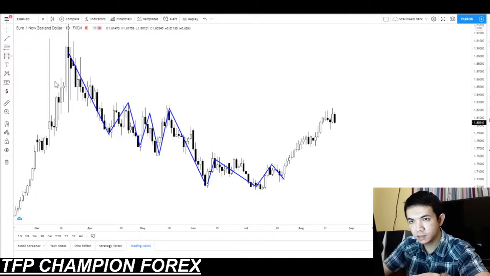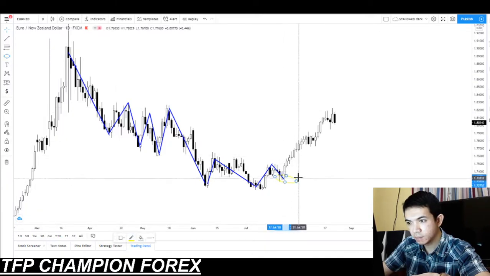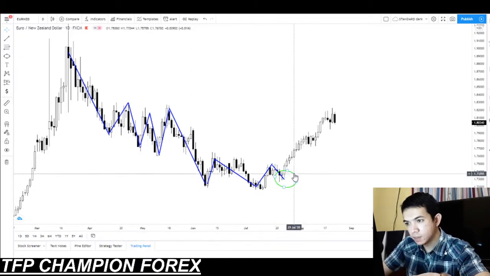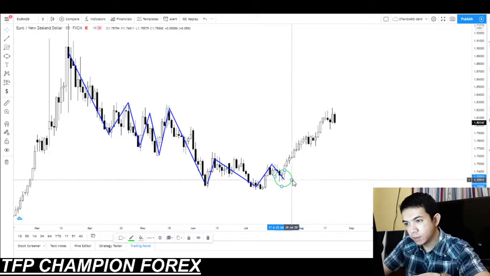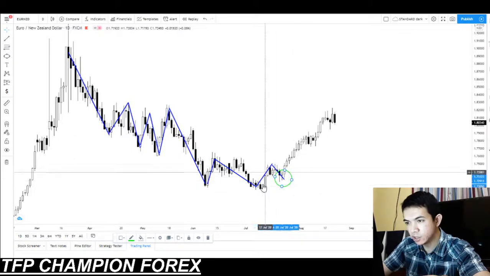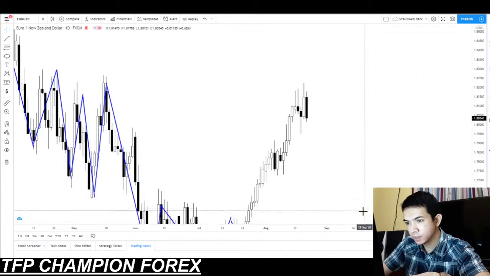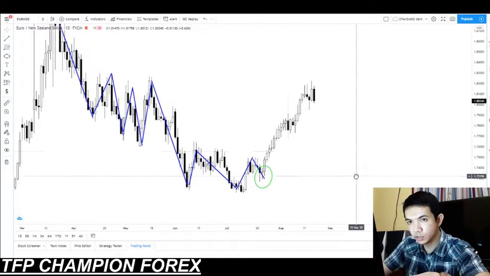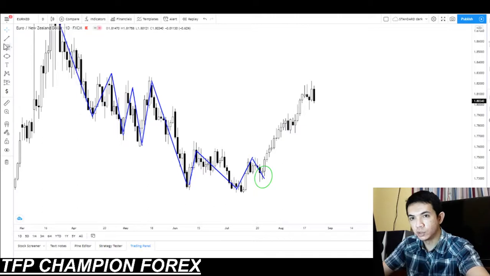The price made, I'll just change this color, the price formed a higher low, which means at this stage or this point, the momentum is shifting towards the upside, or going to an uptrend shifting of the market.